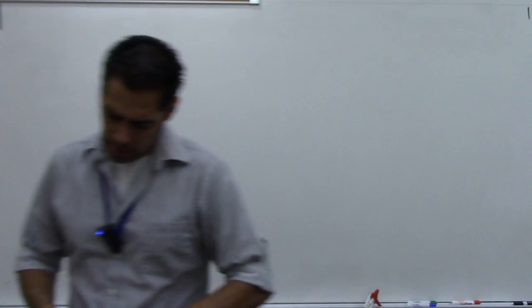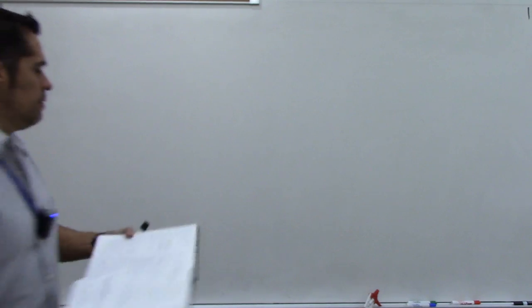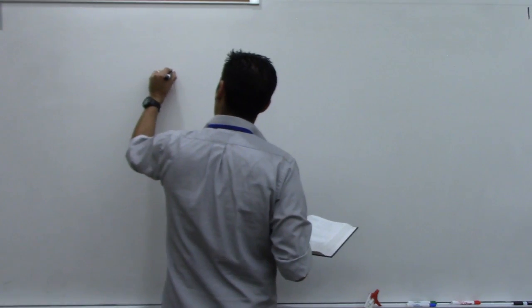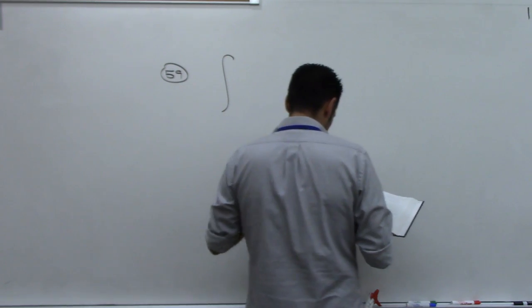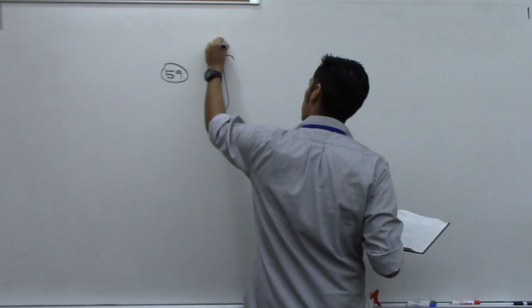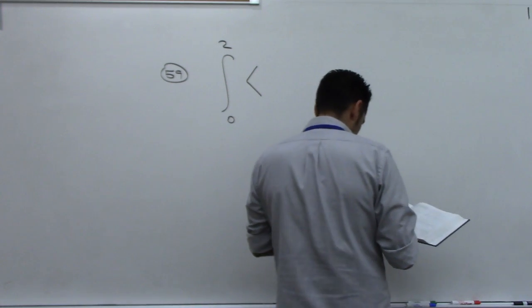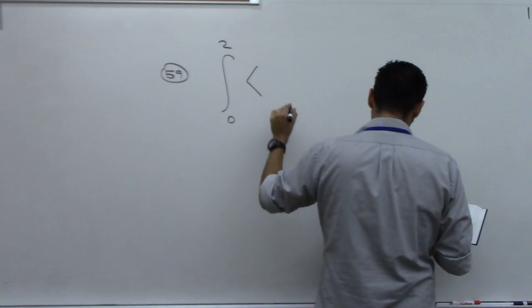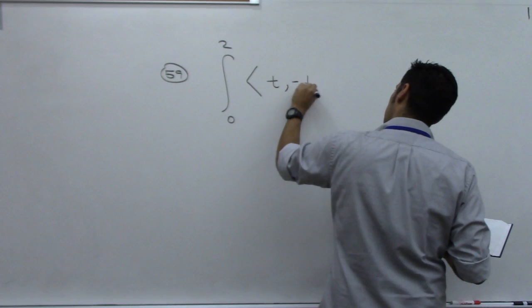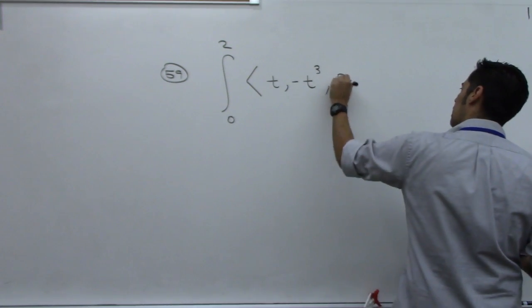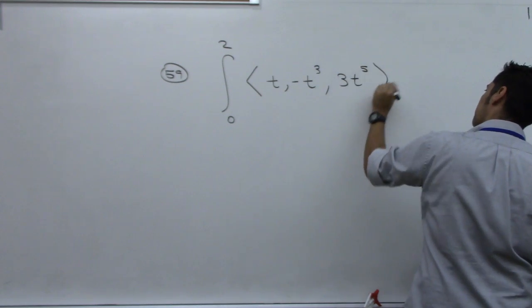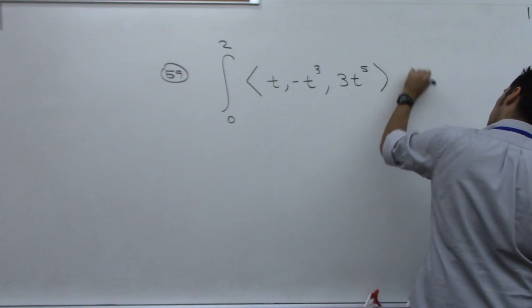So 59, you have, what is the integral from 0 to 2 of the vector function, and I'm going to rewrite it in vector form, t, negative t cubed, 3t to the 5th, dt.